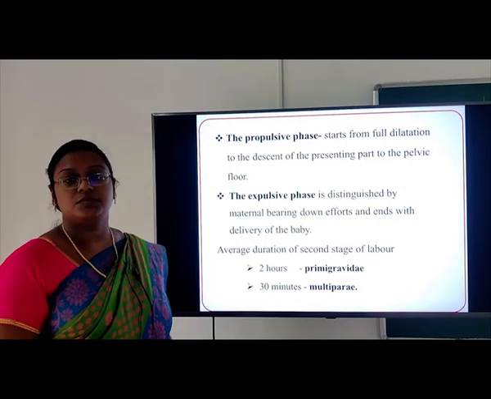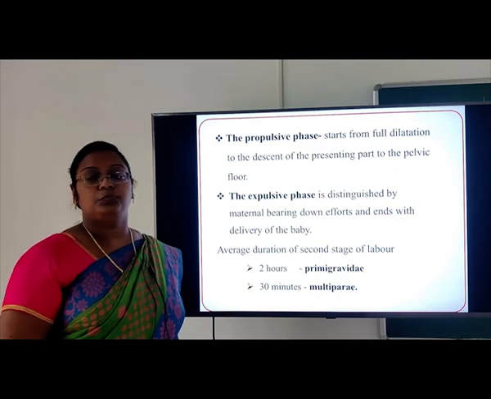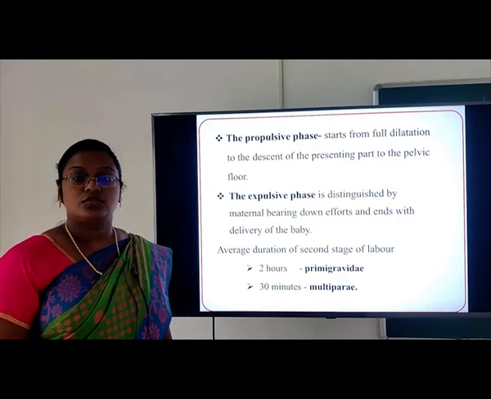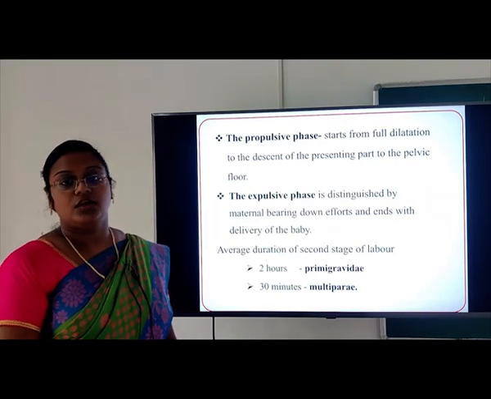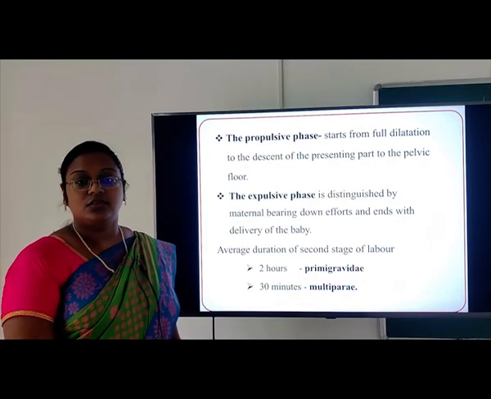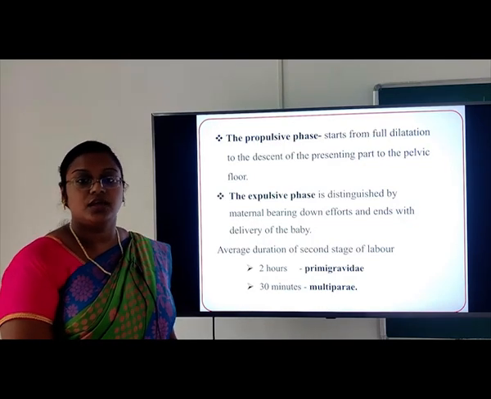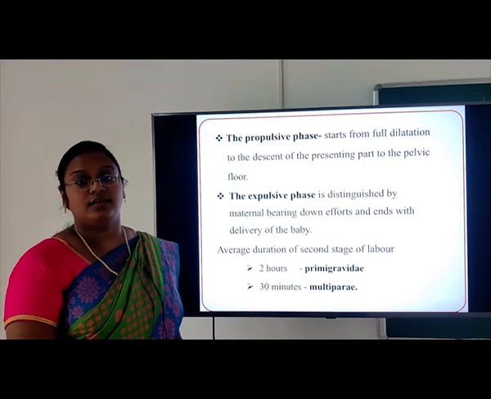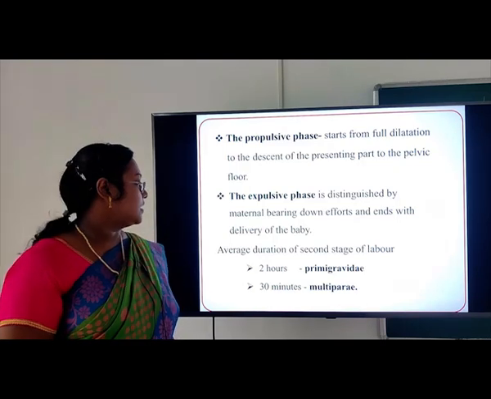What does the expulsive phase mean? Apart from the stronger uterine contraction, the mother wants to push the baby. That pushing down is called bearing down effort. During the second stage, the doctor and nurses advise the mother for a strong pushing down effort, to push the baby out through the vagina.